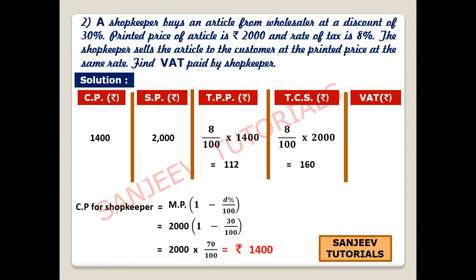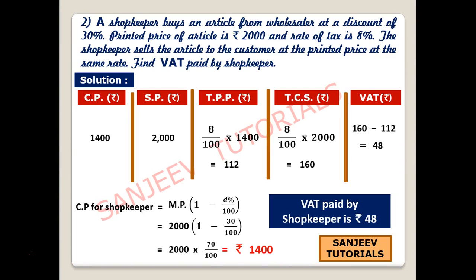So while purchasing the article, the shopkeeper paid a tax of 112 to the wholesaler, and while selling the article, the shopkeeper collected a tax of rupees 160 from the customer. As we know, VAT is tax collected on sale minus tax paid on purchase. That gives me 160 minus 112, that is rupees 48. So VAT paid by shopkeeper is rupees 48.